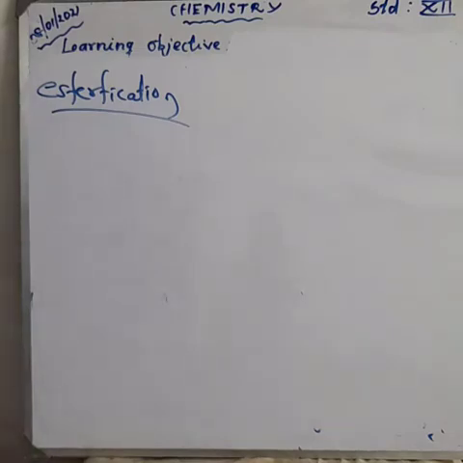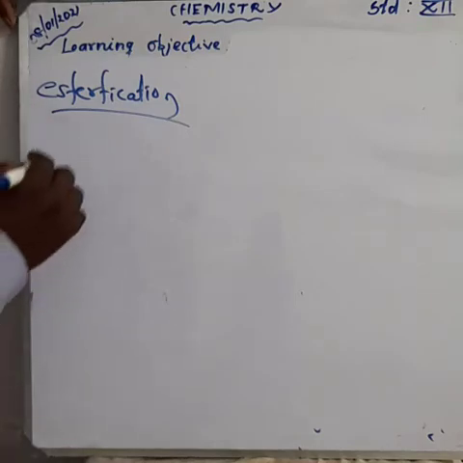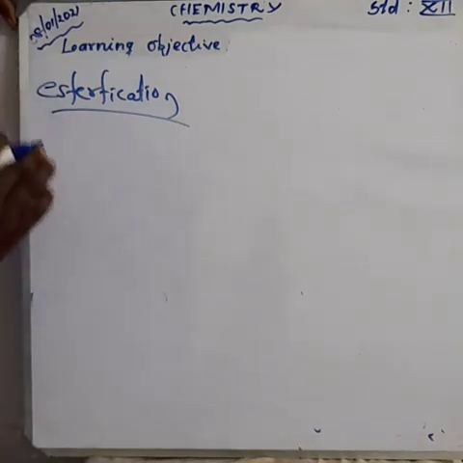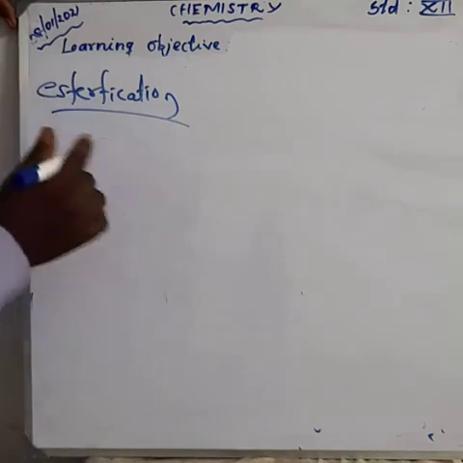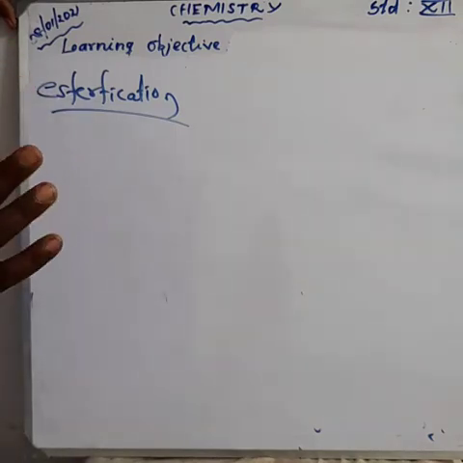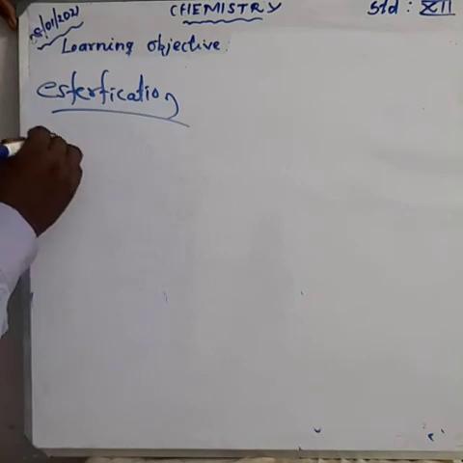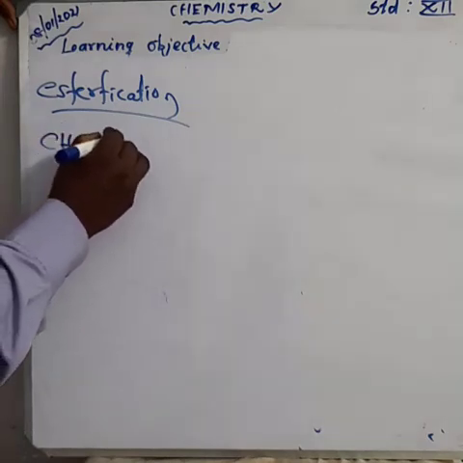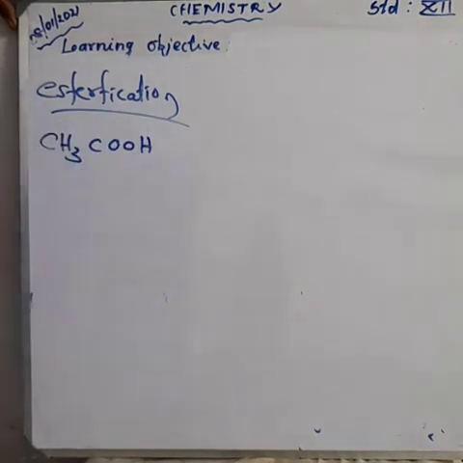Esters are one of the fruity smells. Here we are using an alcohol and an acid. First of all I am writing the acid, a carboxylic acid, CH3COOH, otherwise called acetic acid.